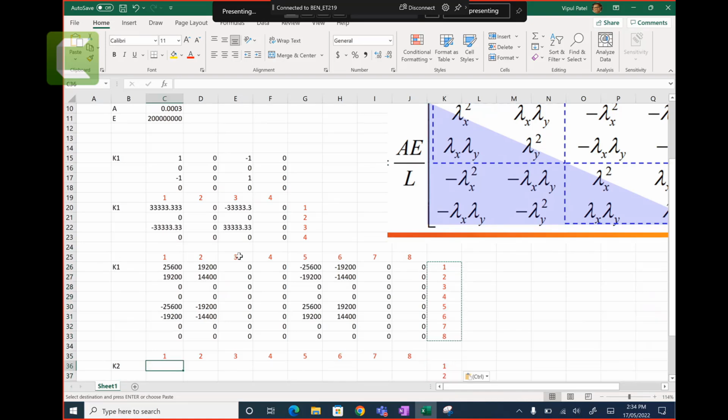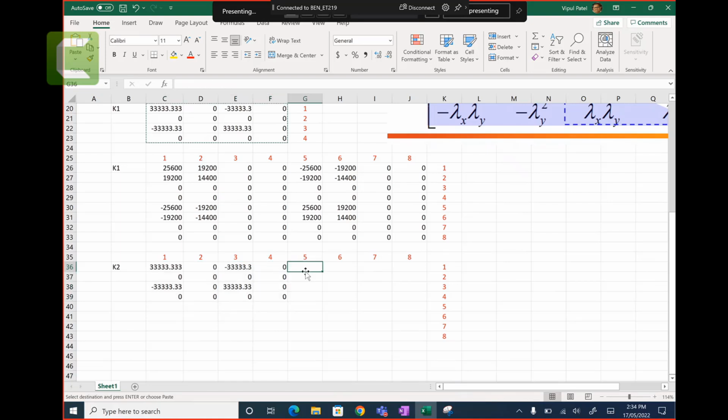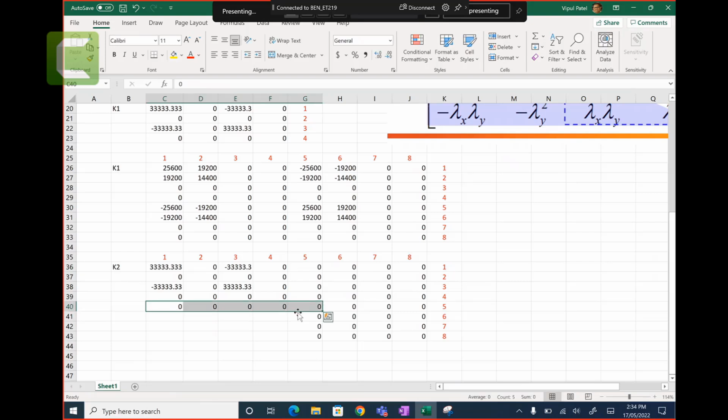Let's copy 1, 2, 3, 4. And then these are zeros. K2 done. K2 done within 30 seconds, I think. Not more than 30 seconds.